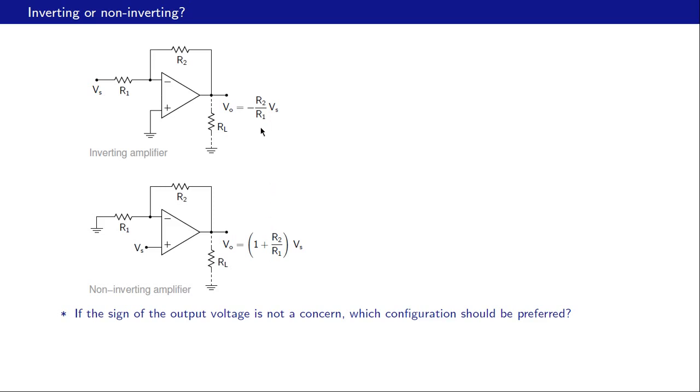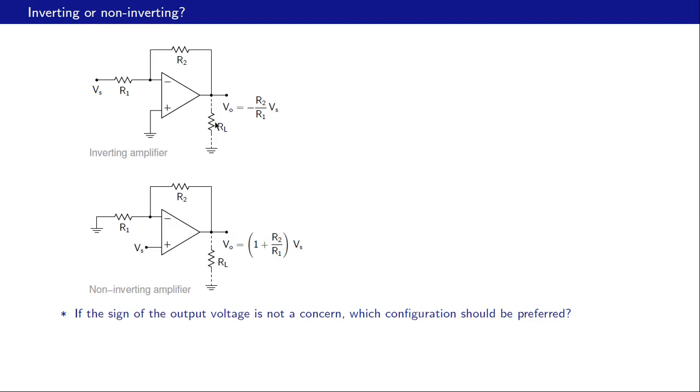We can easily find R1 and R2 for a given value of gain. And suppose the sign of the output voltage is not a concern. So let's say we don't really mind this negative sign there. Then which configuration should be preferred? So that is the question that we want to answer now.